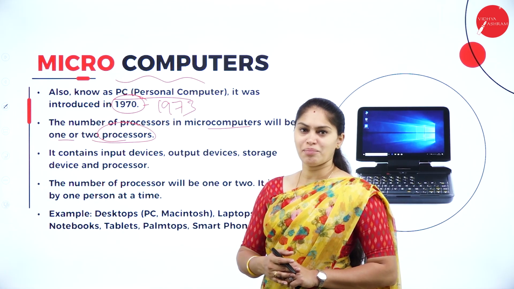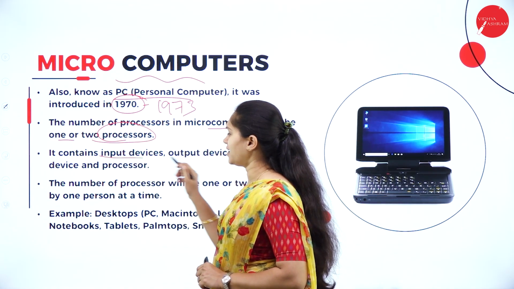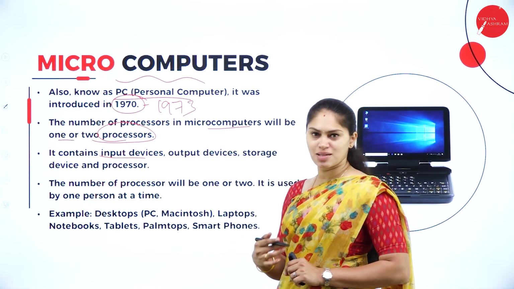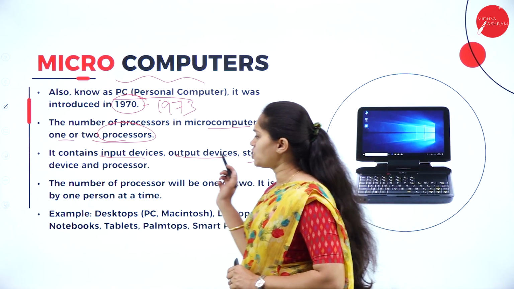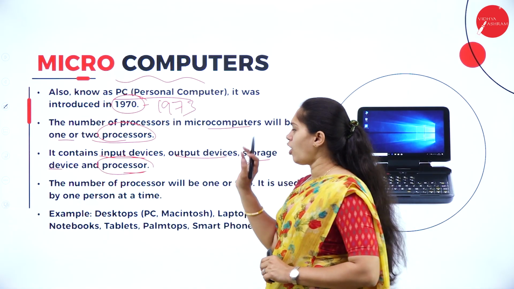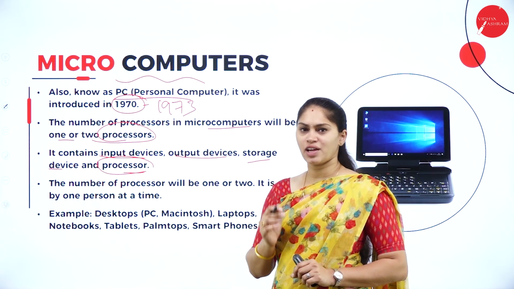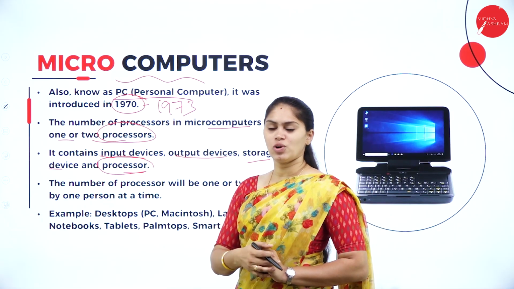So this microcomputer has 1 or 2 processors, and it mainly contains input devices to accept the input, output devices, and a storage device along with the processor. So all the basic components we require for processing are in the microcomputer.